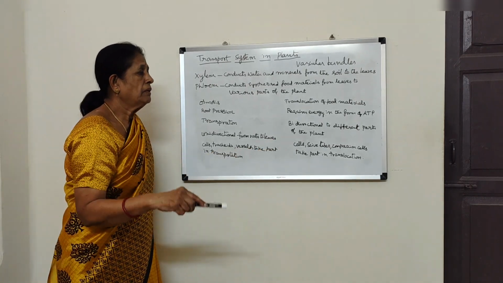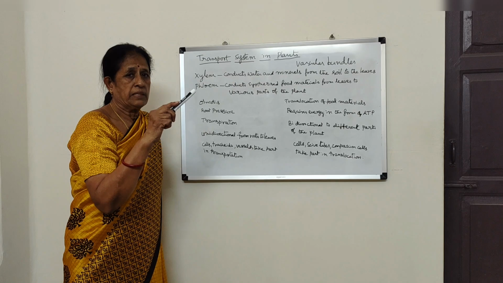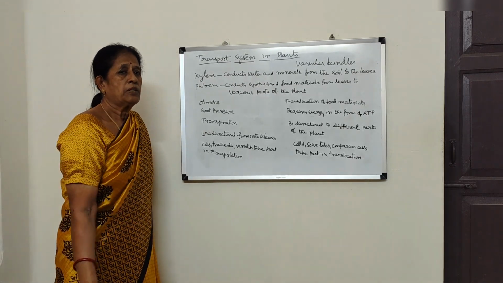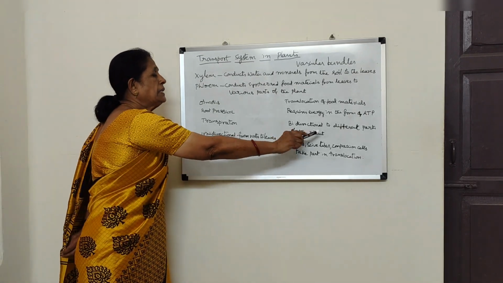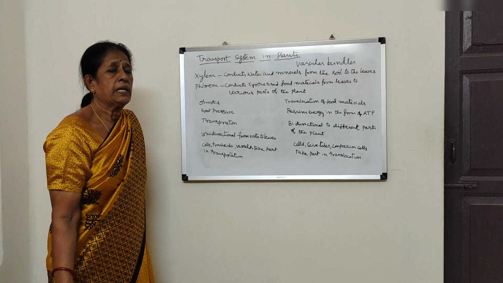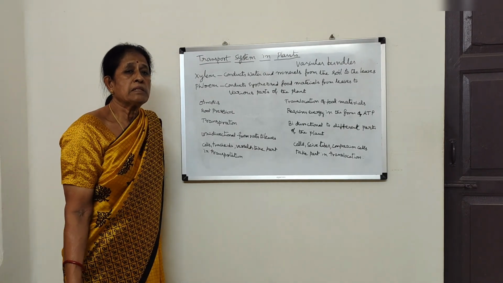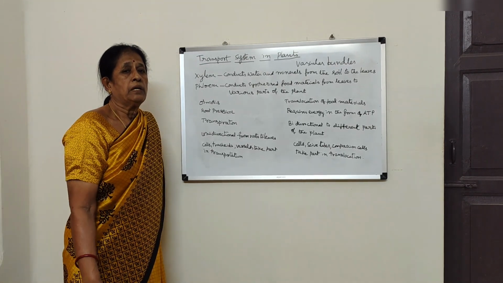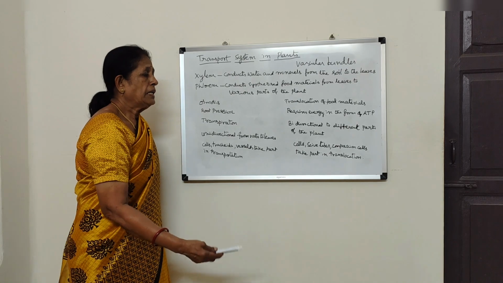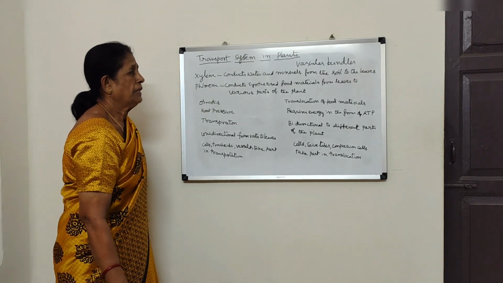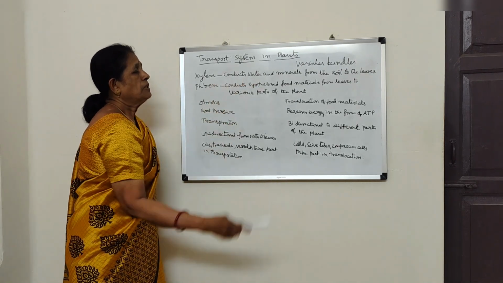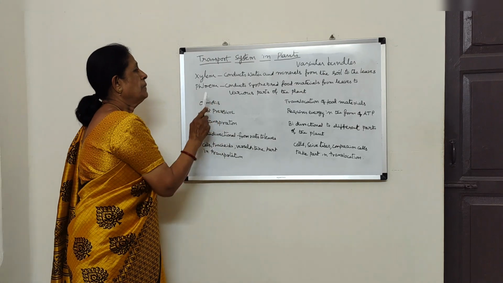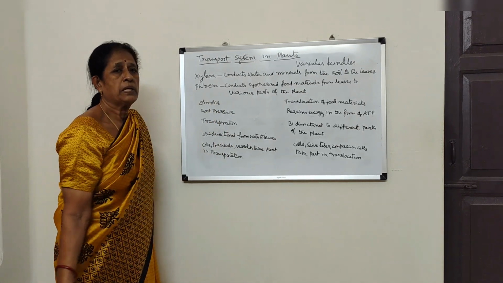That means upward direction and also downward direction, and it reaches different parts of the plant body and gets converted into an insoluble form, which cannot be dissolved in water, and it is stored in different parts of the plant. So in this way, in the transport system of plants, xylem and phloem play an important role.